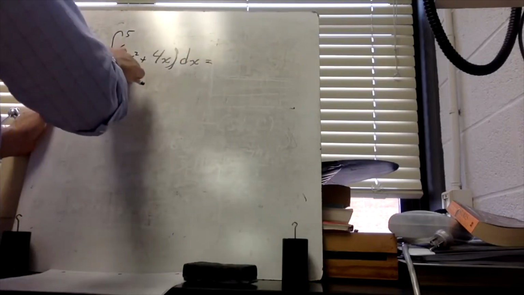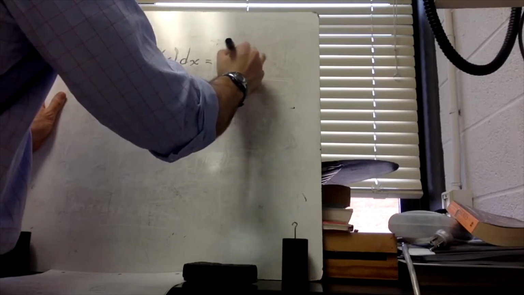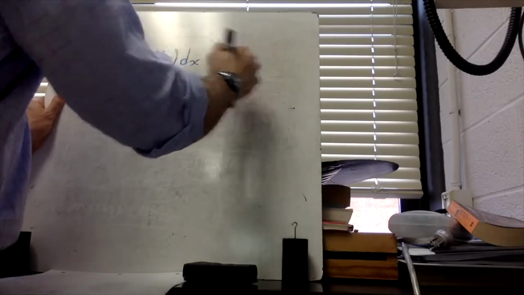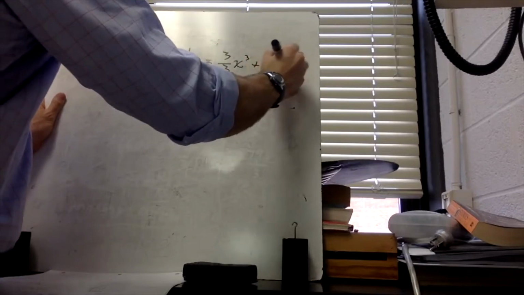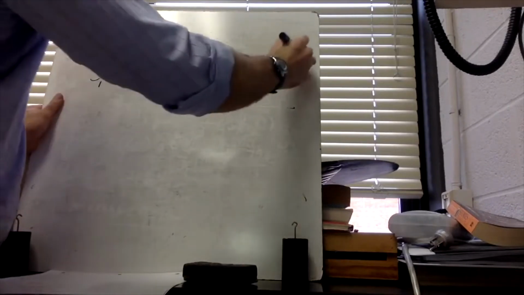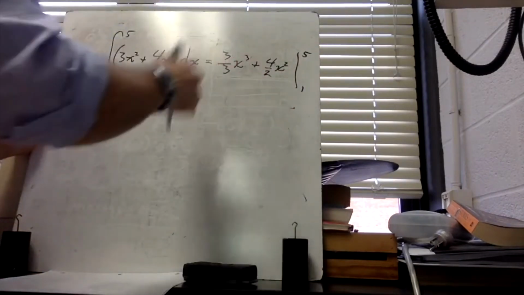Okay, the antiderivative of this is 3 over 3 x cubed plus 4 over 2 x squared, from 1 to 5, of course, right? So these simplify, thankfully.